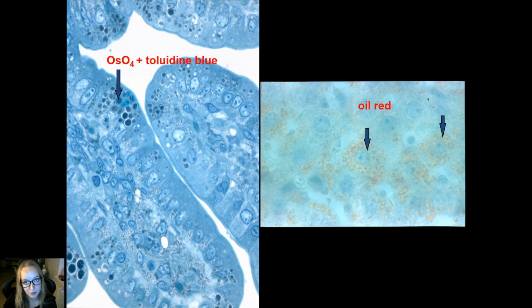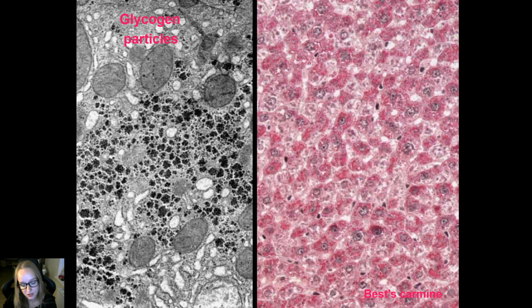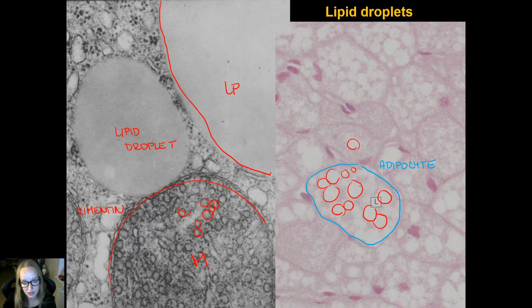But they can be stained. So remember, the first cytoplasmic deposits are lipid droplets, and we can see them in electron microscopy as light, electron lucent structures in a cell, or in light microscopy as these small empty spaces because they dissolved.